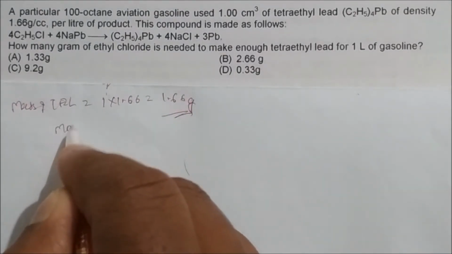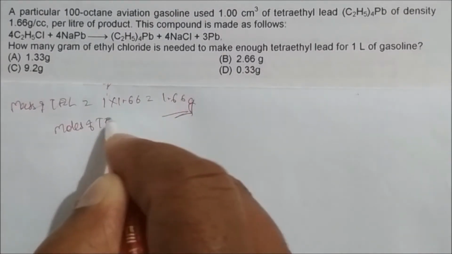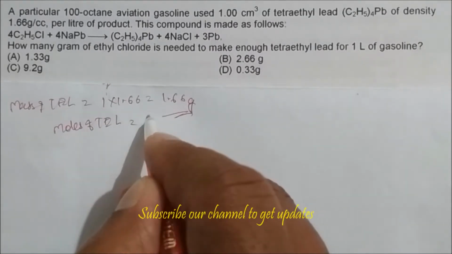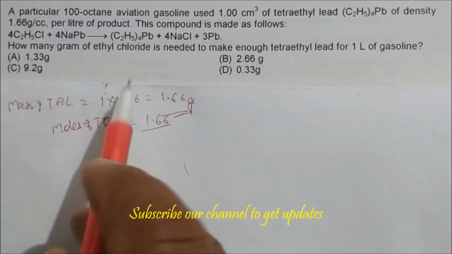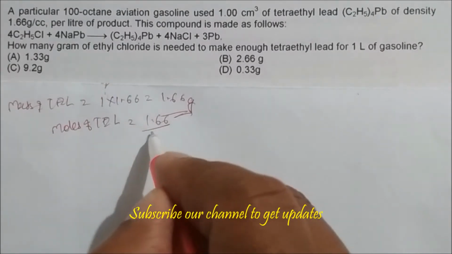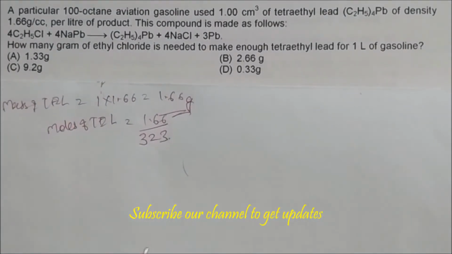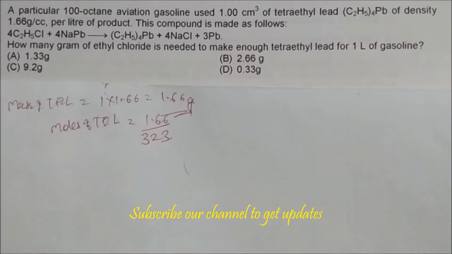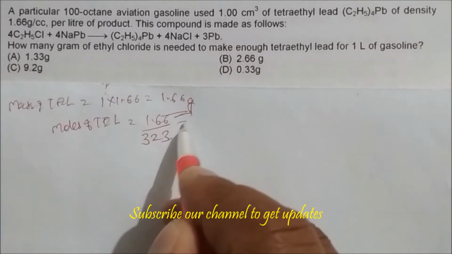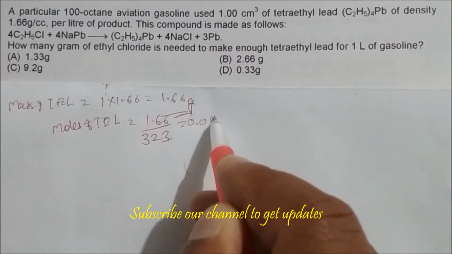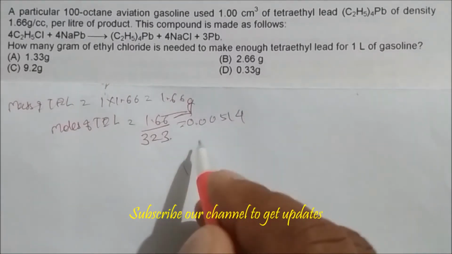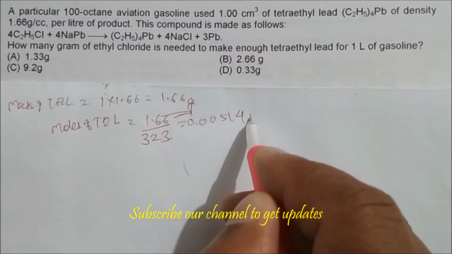Now the moles of TEL will be 1.66 divided by the molar mass of tetraethyl lead, which comes to about 323. If you solve, you get 0.00514. This is your mole.